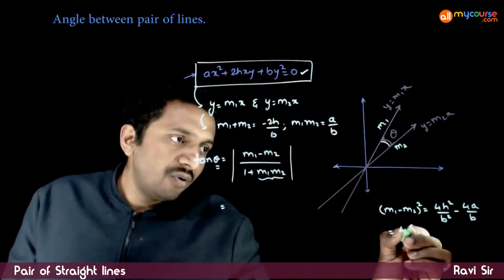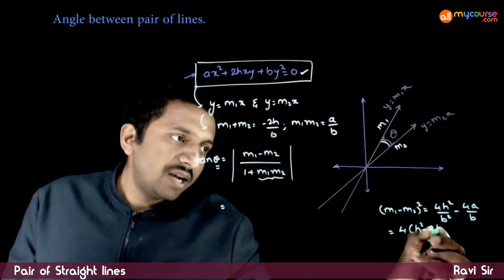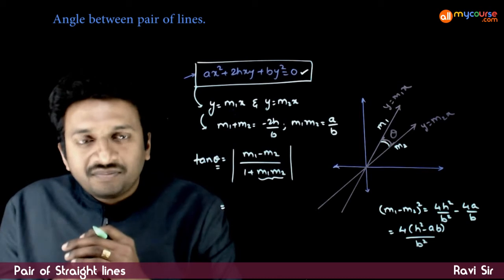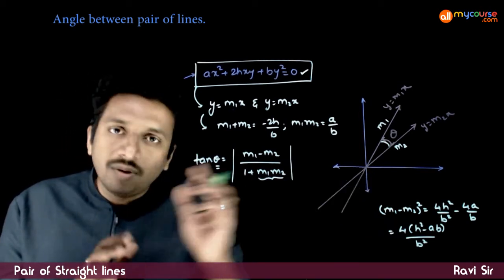That is equal to 4 times h square minus ab by b square. So this is m1 minus m2 whole square.